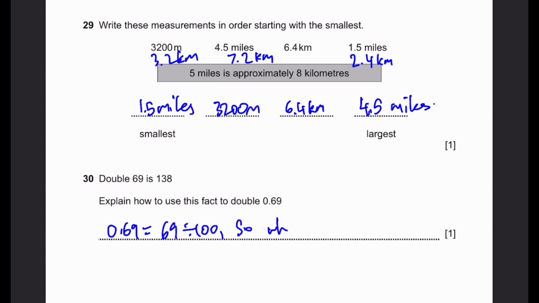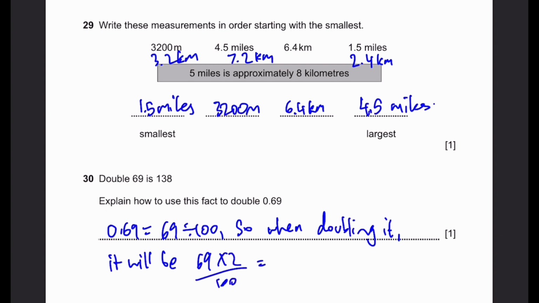So when doubling it, it will be 69 into 2 by 100, which is equal to, from this fact over here, we can say 138 by 100, which is 1.38. Or in another way, because when we divide both sides by 100, we'll get 1.38 there. Both of them are quite correct.